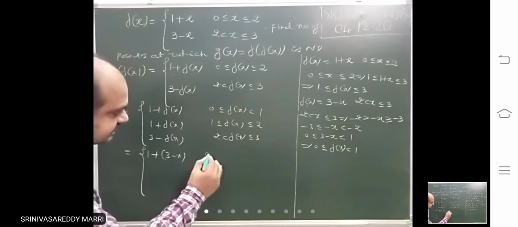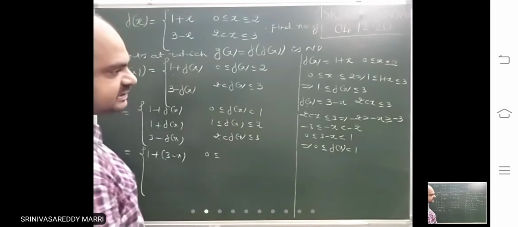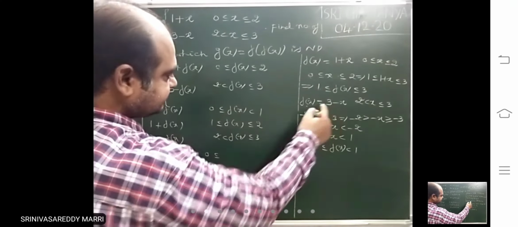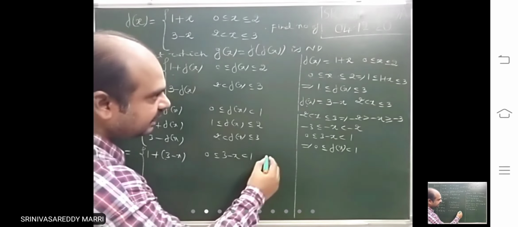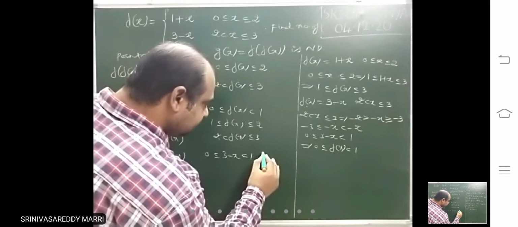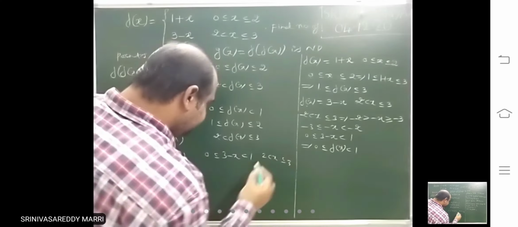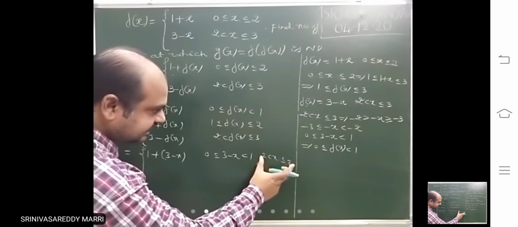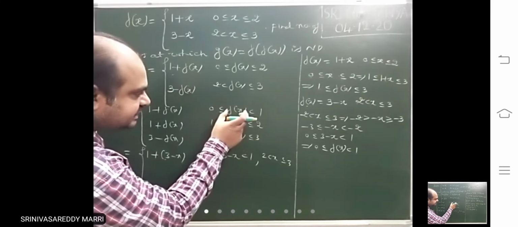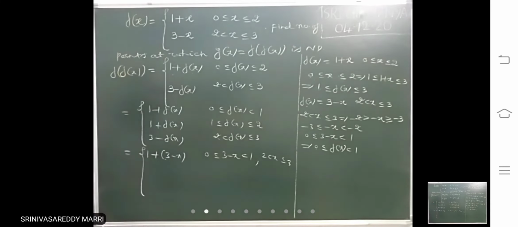Now f of x is what? 3 minus x. So you write 3 minus x, for x from 2 to 3. So I have substituted f of x as 3 minus x, that is in the interval 2 to 3, and f of x is between 0 and 1. So this is the definition.